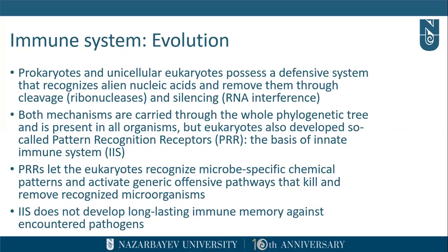As the evolutionary system went on, the eukaryotes were able to detect specific sequences on the pathogens using pattern recognition receptors. These pattern recognition receptors are present on the eukaryote cells, and if these are receptors, something should bind to them. Those are called PAMPs, which is pathogen associated molecular patterns.